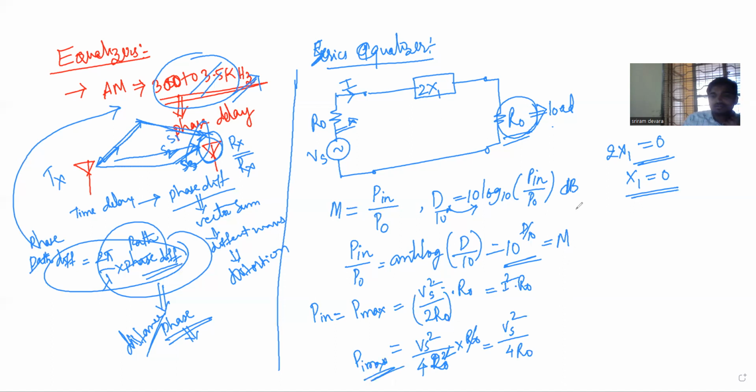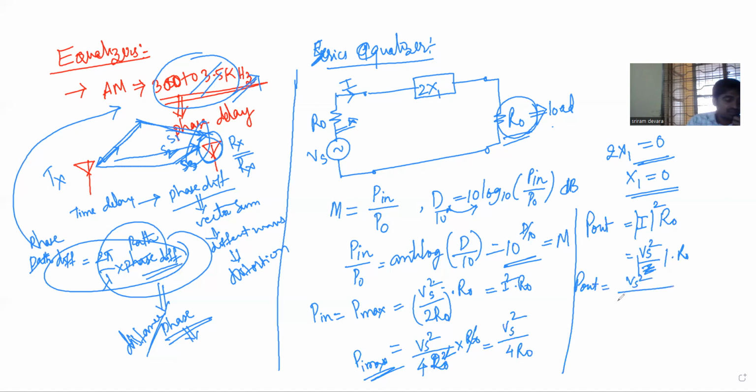Next, P input, therefore P output. P out is equal to the magnitude of current square multiplied by load resistance R naught. This is Vs square divided by Z square, multiplied by R naught. So what is Z?